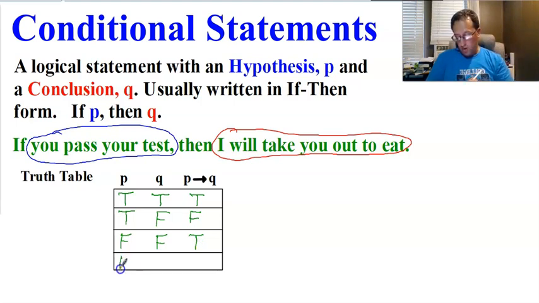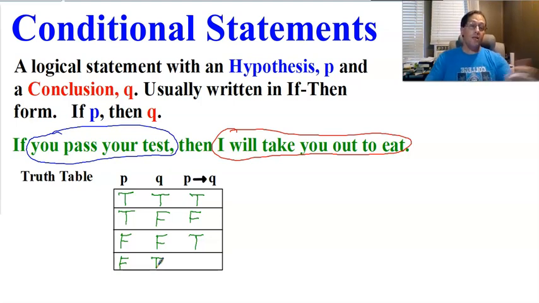What if you don't pass the test, so a false statement on the hypothesis, but I still take you out to eat, so I have a true statement on the conclusion. Now, was I telling the truth? Well, actually, yes. I didn't say anything about what would happen if you failed the test, did I?